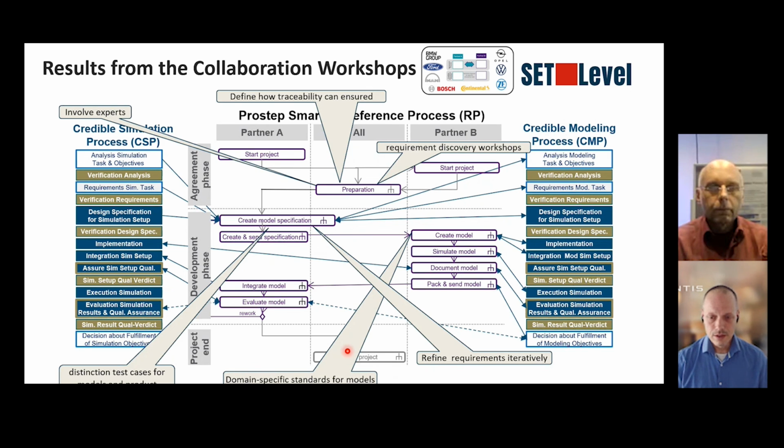Imagine it is often the case that an OEM wants to exchange a vehicle model with the tier one, but the vehicle model contains a subsystem of another tier. This has to be seen and managed early in the project definition and not in a late phase when it's too late to act. And of course, IP protection has to be technically possible across company frameworks.